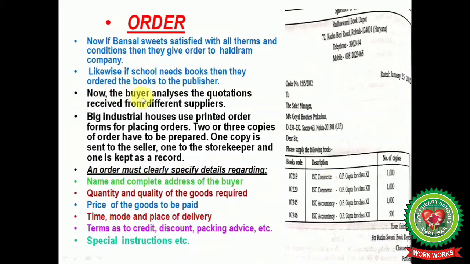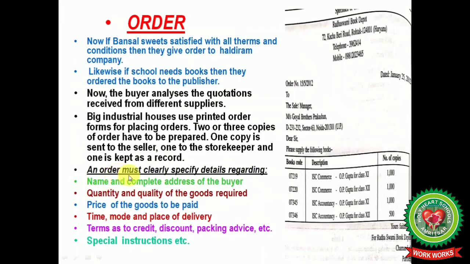Now the buyer analyzes the quotations received from different suppliers. Big business houses use printed order forms for placing orders, and 2-3 copies are prepared, so that 1 copy is sent to the seller, 1 copy to the storekeeper and 1 copy is kept for record.